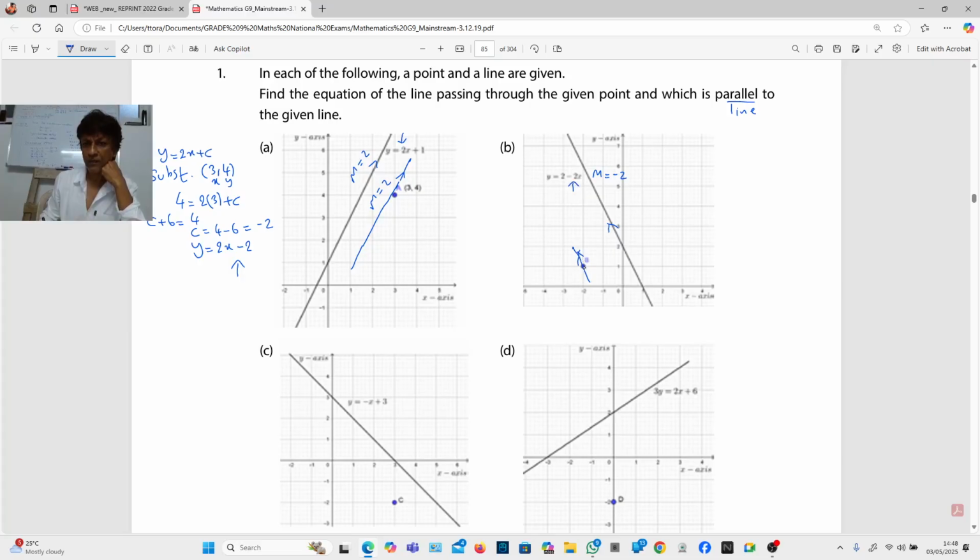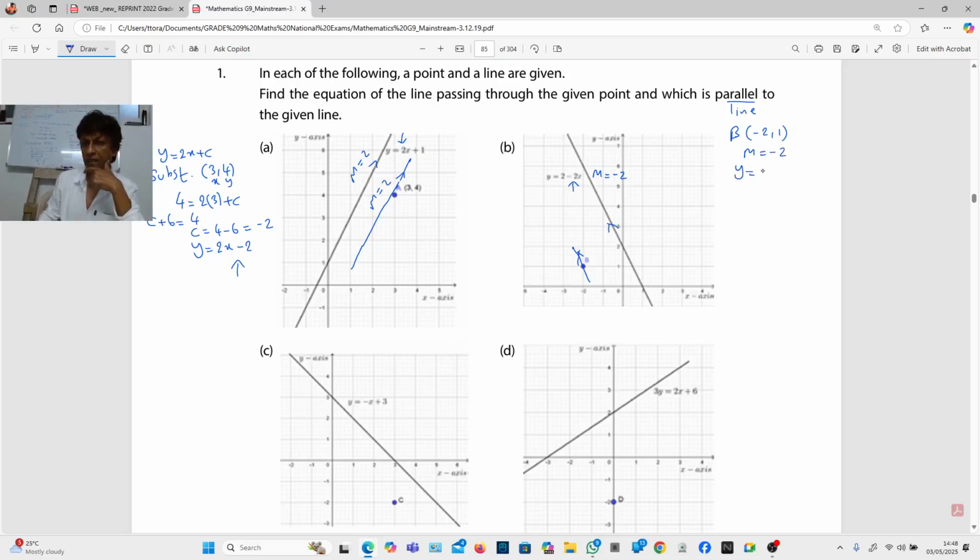And of course now this point B has not been given, it hasn't been written as a coordinate here, but we know that B is minus 2, 1. So we understand that B is actually minus 2, 1, and the line passes through B. We also know that the line passing through B is parallel to this one, so its gradient should be the same as the other line, which is minus 2.